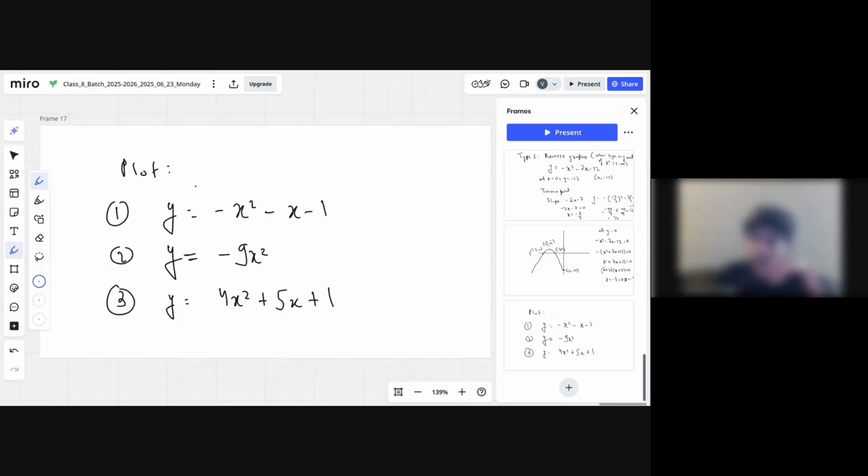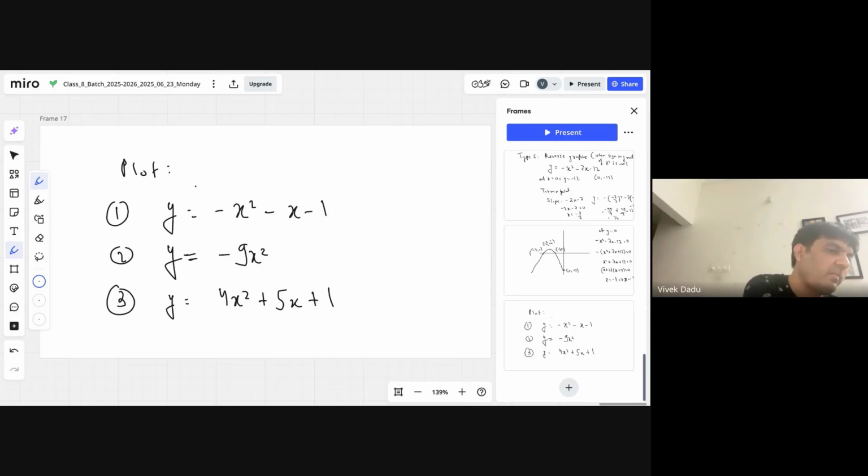Sir, I sent the second one. Points look good, Parvana. X. How can it be 3/4? That y point, at y equal to 0, y point will be 0, right?